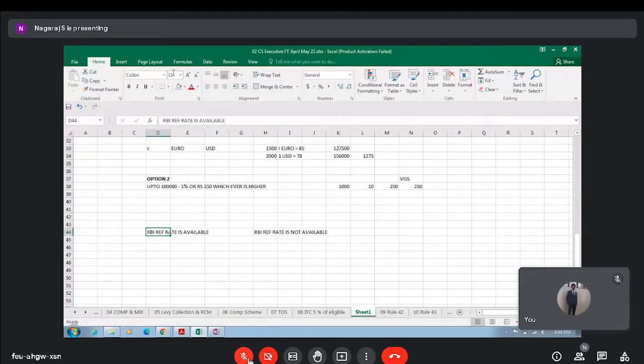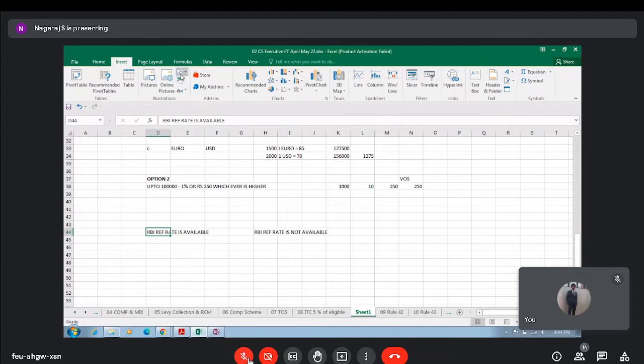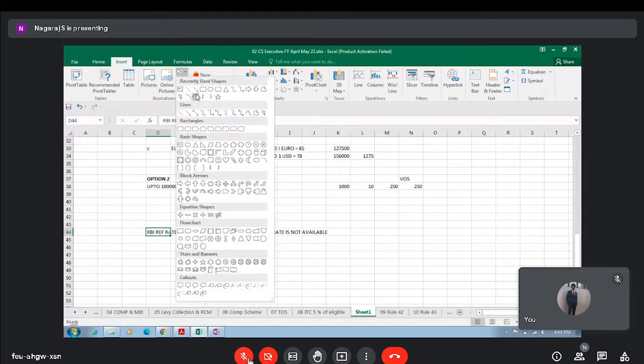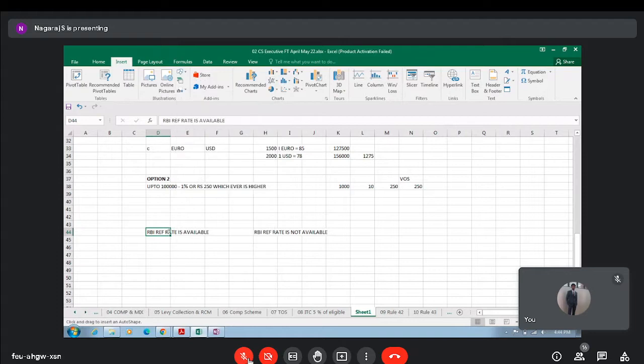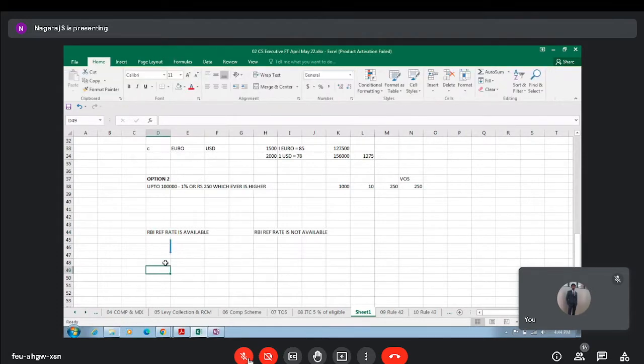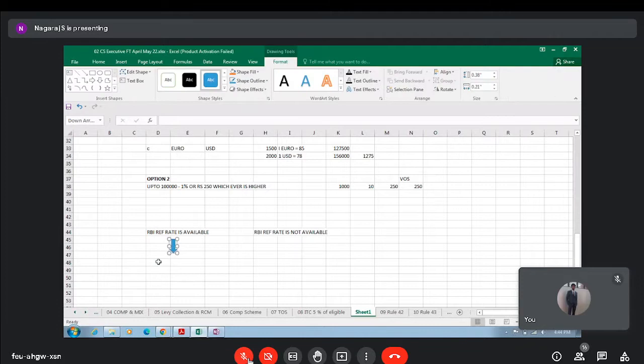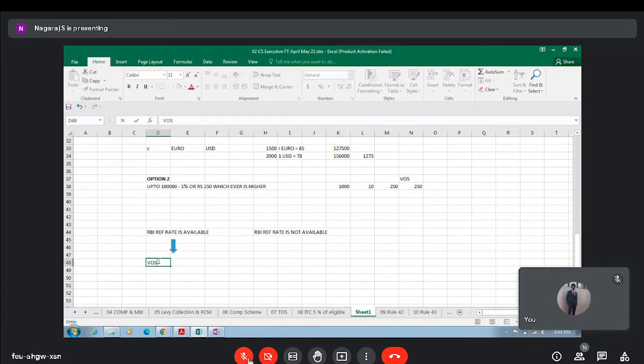In this one, value of supply is equal to, RBI reference rate is available. Okay.